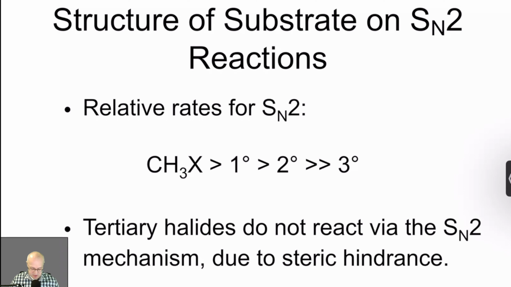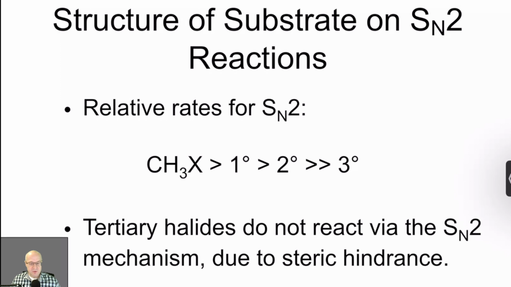Tertiary halides, this is the key, write this down. If you're not writing everything down, write this down. Tertiary halides, third degree halides, do not react via the SN2 mechanism. Tertiary halides do not react via the SN2 mechanism due to steric hindrance.